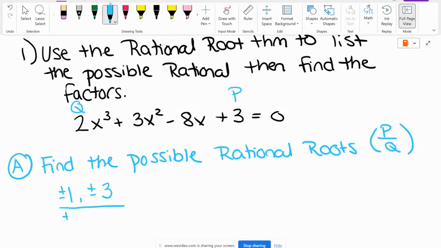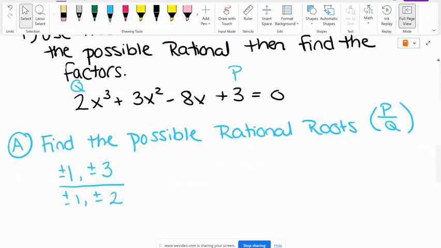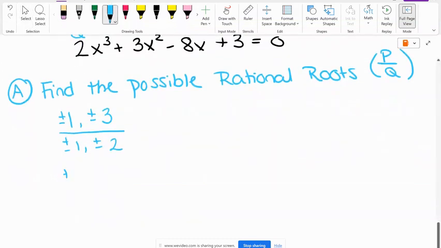Factors of my leading coefficient are going to be plus minus 1, plus minus 2. Now let's list. So our options are plus minus 1, plus minus a half, plus minus 3, plus minus 3 halves.